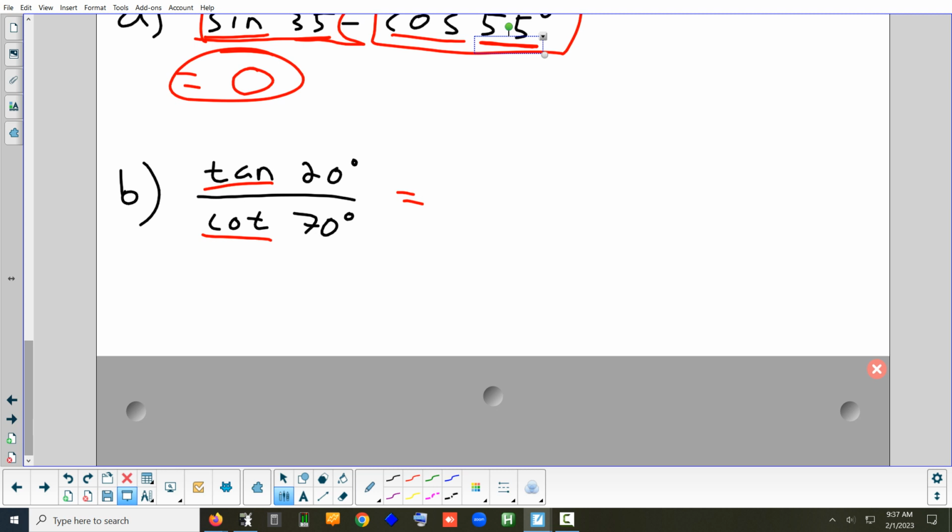They are cofunctions. And 20 and 70 are complementary. So both things that had to happen are happening. We have cofunctions of complementary angles.